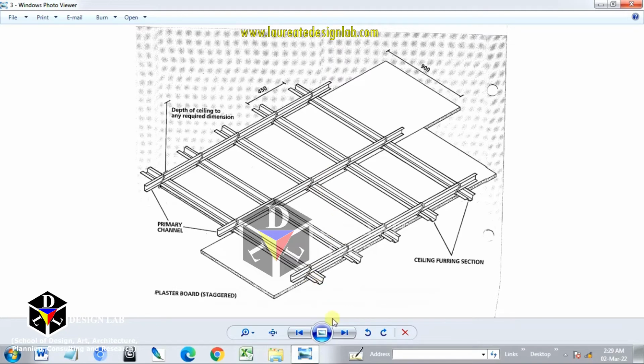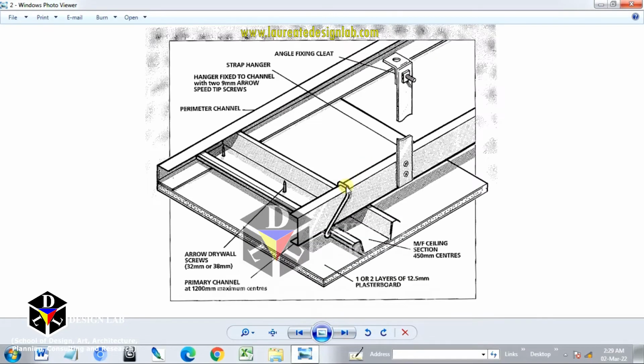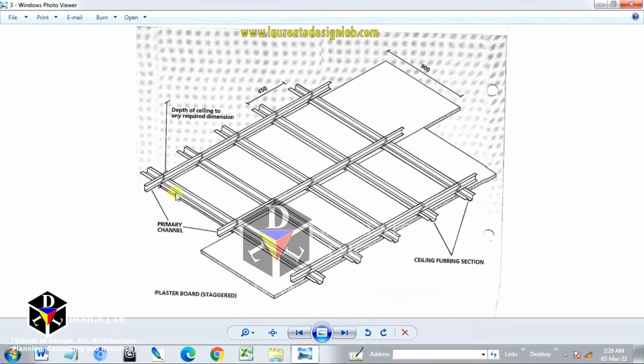This is what is not required if it is level 1. In level 2, you need to have 2 levels, the furring channels, then the C channels. First come the furring channels and then the C channels, and these both are making a grid, and this grid structure is hanged by the hanger.